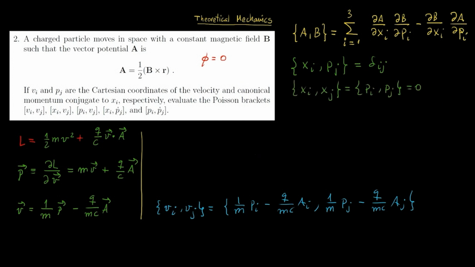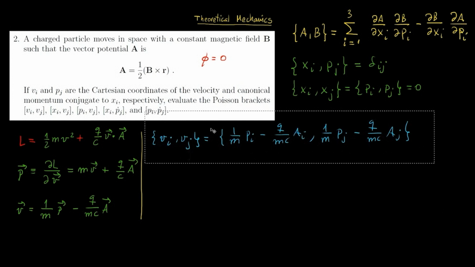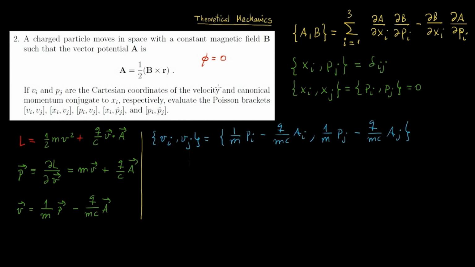Another important property is that if you have a constant magnitude alpha times a function, then it's true that this is equal to alpha times the Poisson bracket {A, B}. So the implication of this property is that we can distribute this Poisson bracket. First of all, this with this, but {p_i, p_j} is 0, so nothing to say here.